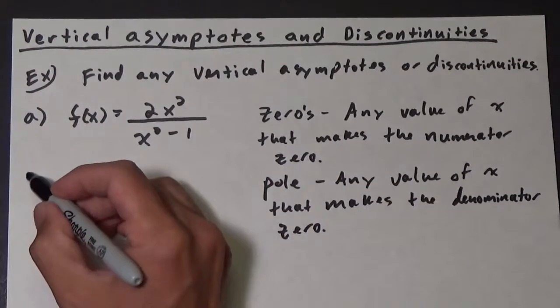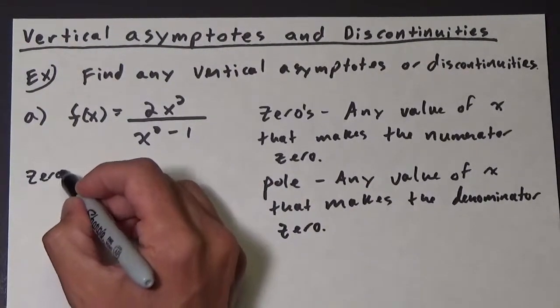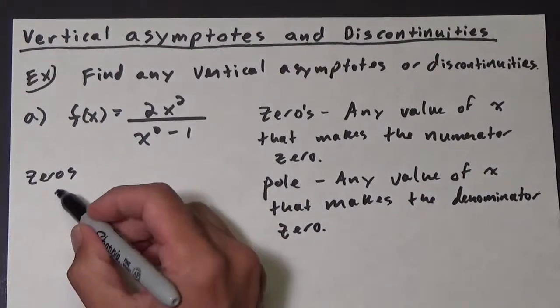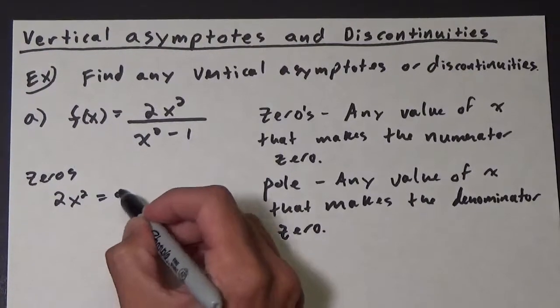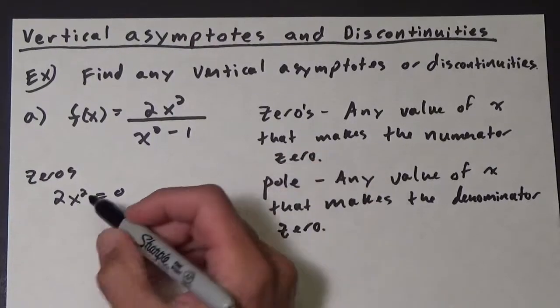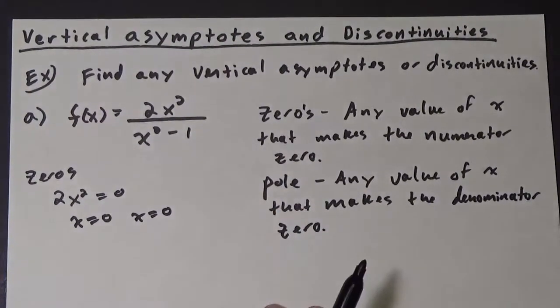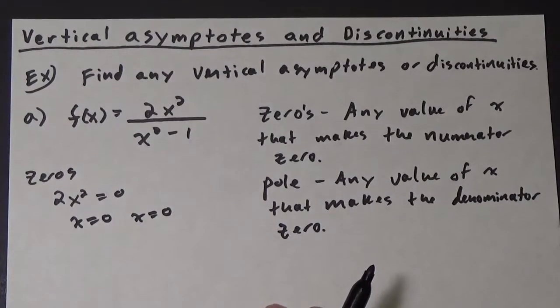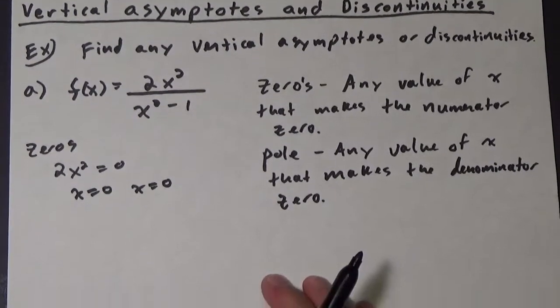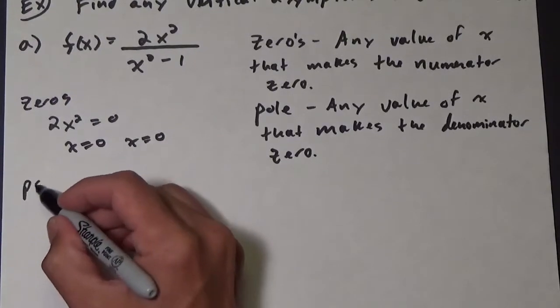So let's first start off with our zeros. So our zeros would be 2x squared equals 0. Well, this basically makes x equals 0 and x equals 0. Easy enough. Now let's look at our poles.